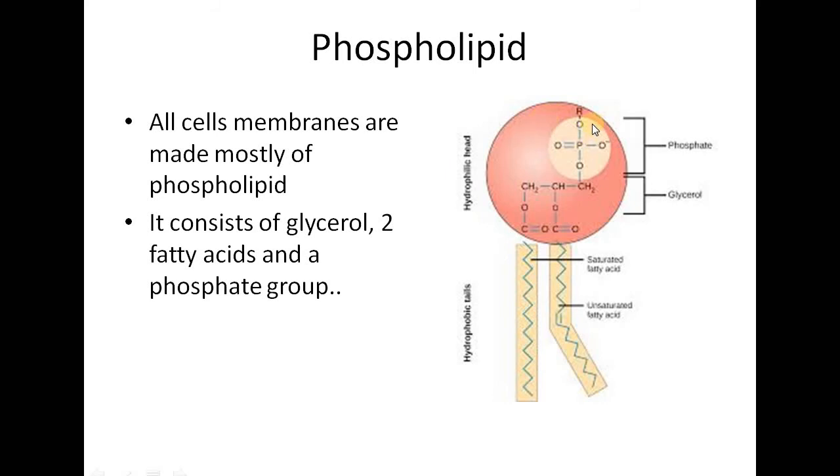These heads are hydrophilic, meaning they like water because they are polar, as we see here. These tails are made of fatty acids, that's why they are hydrophobic. They don't like water.